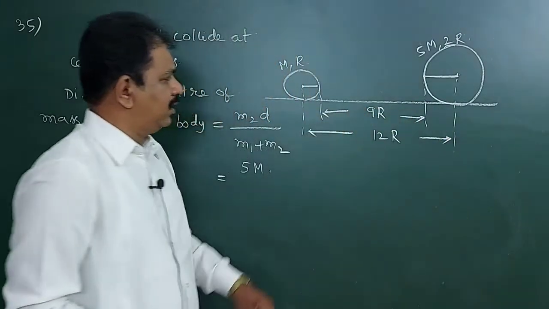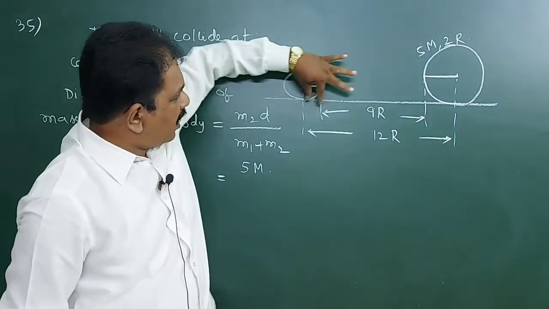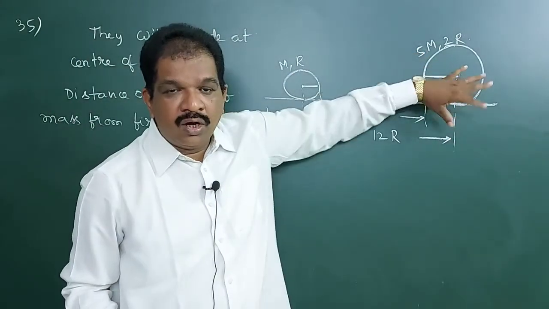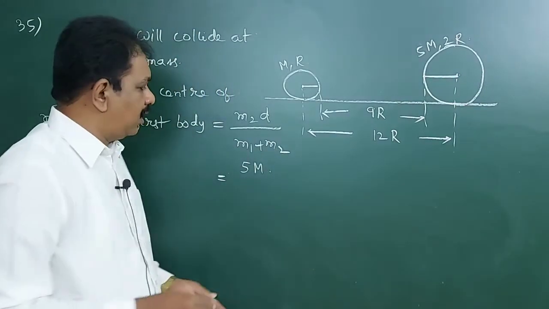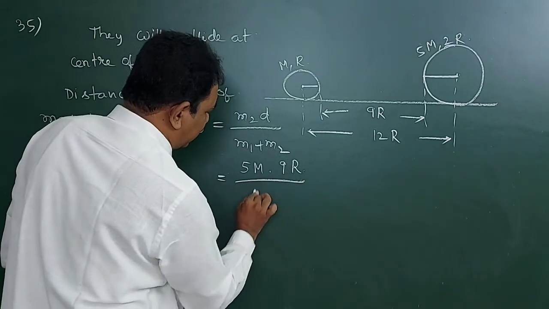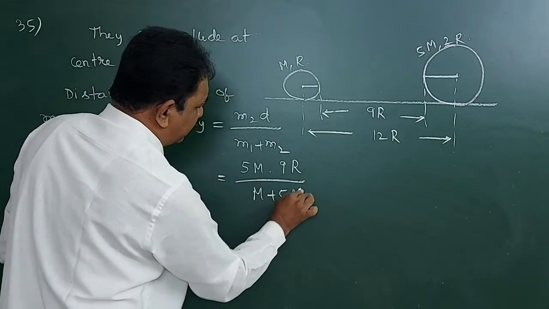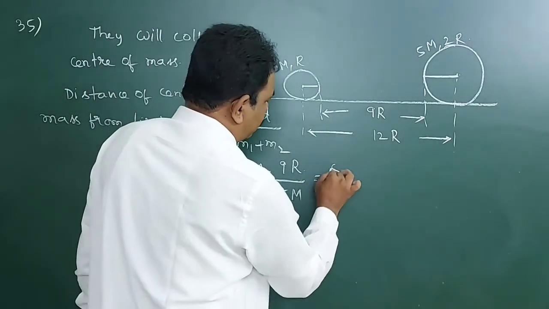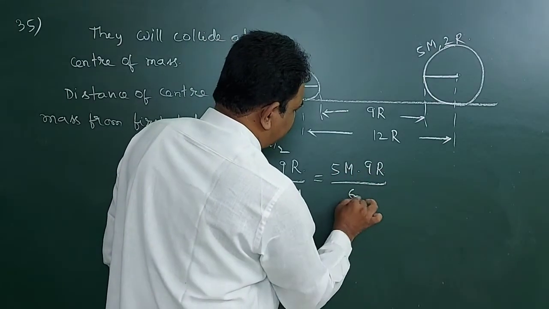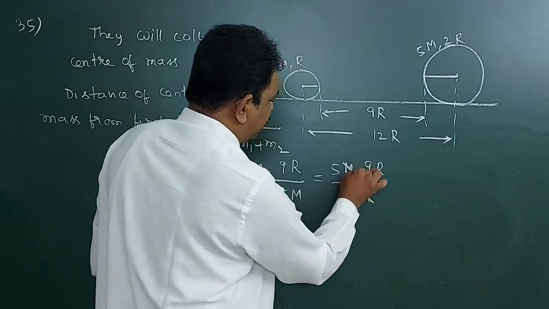Only 9r. This is an r, this will be 9r, this will be 2r, totally it will be 12r. So this distance value will be 9r by m plus 5m, so 5m into 9r by 6m.